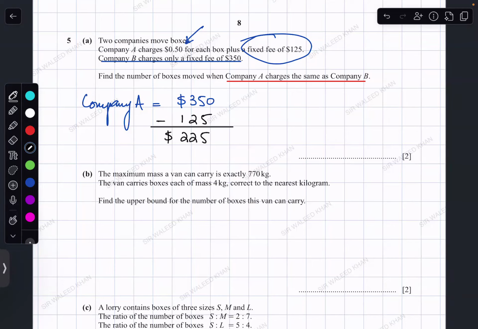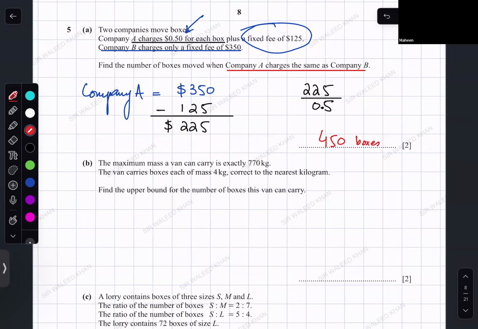Now this 225 is the combination of all the boxes company A is charging, right? So 225 divided by 0.5. What should it be? 450. Is that clear?